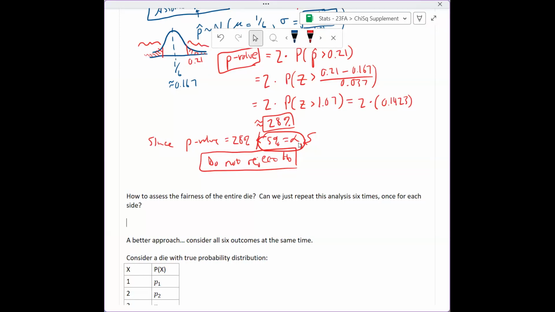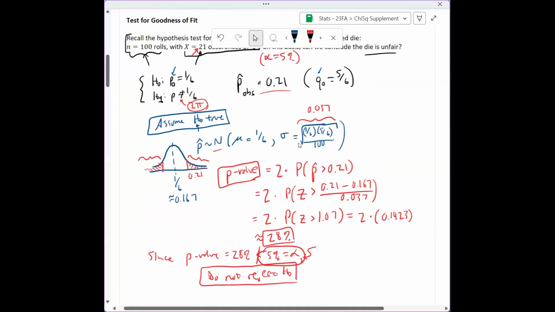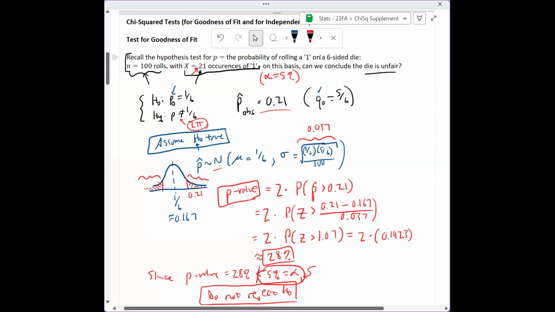Maybe we have some complicated decision criterion that if any one of the tests leads to a rejection, we don't think the die is unfair, but if two or more of the tests do, maybe then we conclude the die is unfair. But you can see how we're getting really hand wavy and getting into muddier and muddier territory here, trying to force the use of this kind of a system where we're looking at one number at a time.